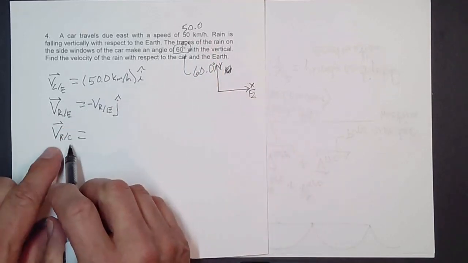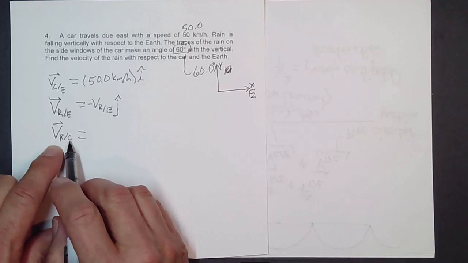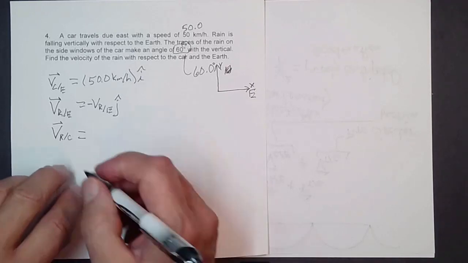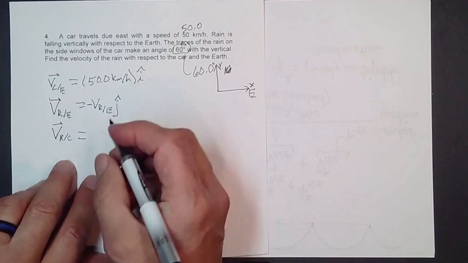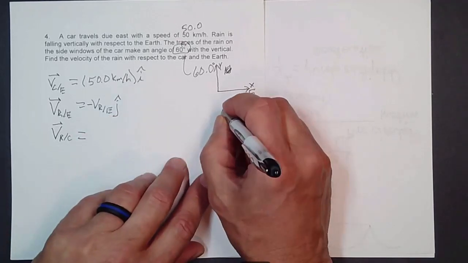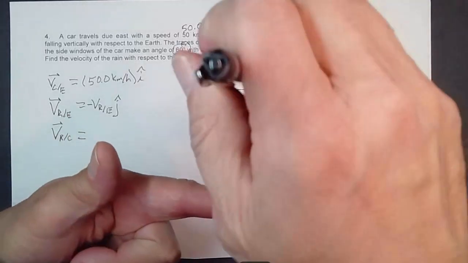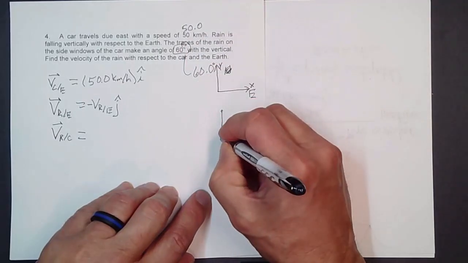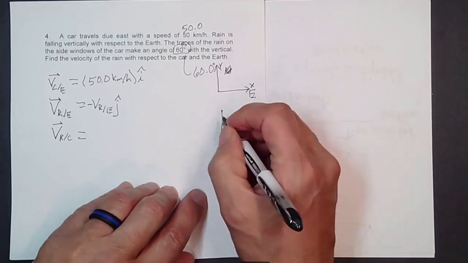We don't know the magnitude of the velocity of the rain with respect to the car, although that will soon become somewhat apparent. But if I make a little sketch of it, if the car's going that way and the rain's actually falling straight down, I would expect a side view to show something like this.